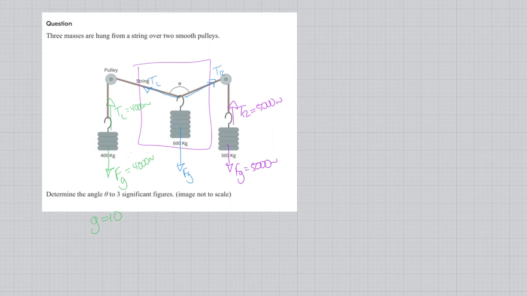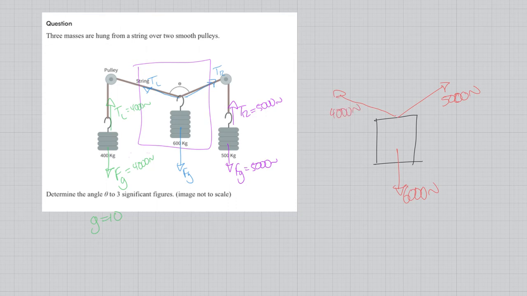So now if we focus on our middle object, we know the values of the forces. We're going to have the force of gravity down at 6,000 newtons. We're going to have a force up at some angle of 5,000 newtons here, and a force up at some angle of 4,000 newtons here.